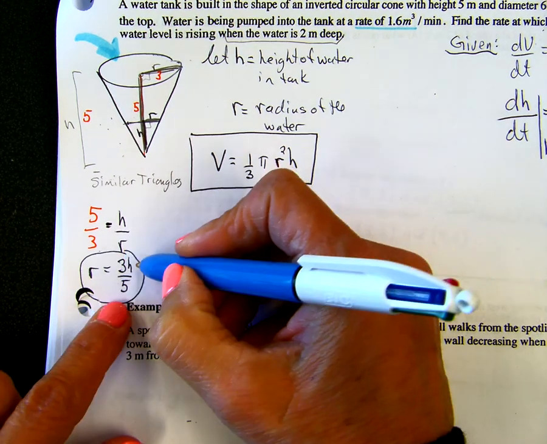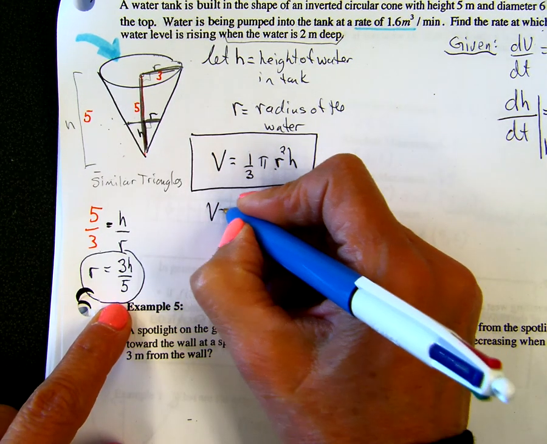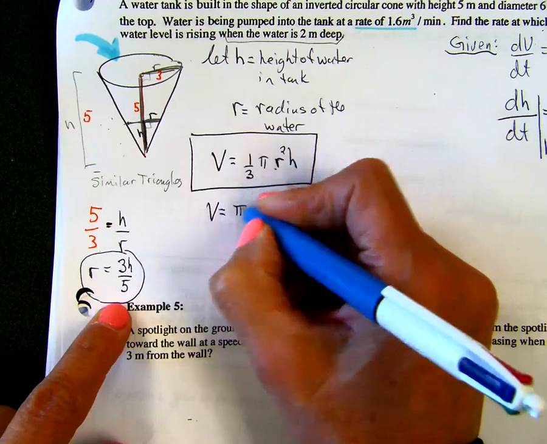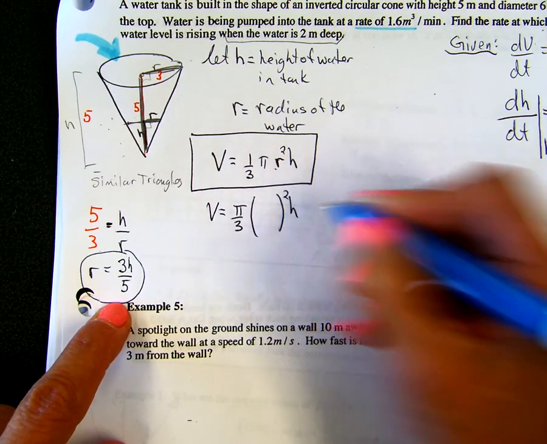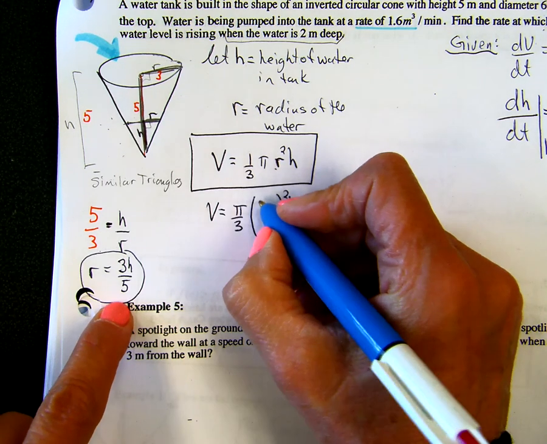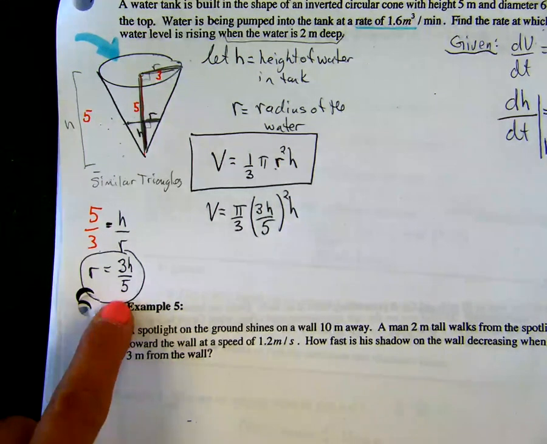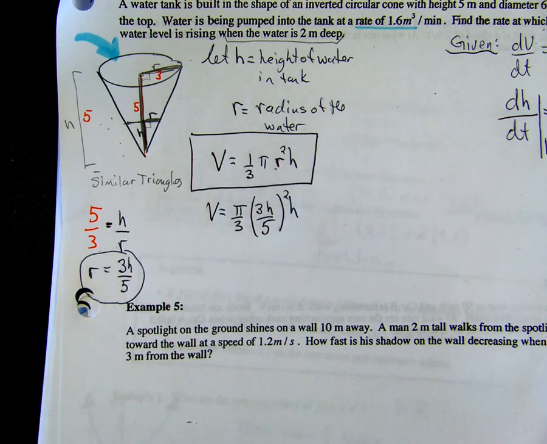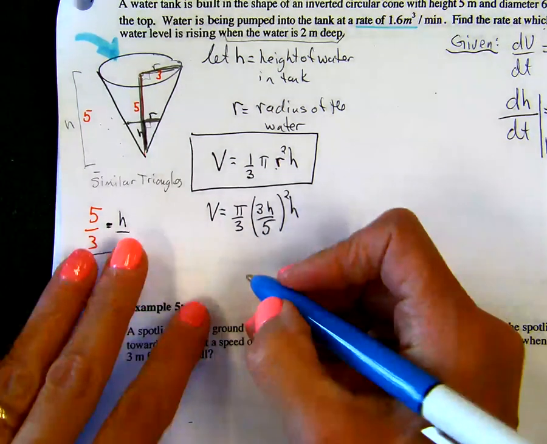Take this and put it in here. Volume is equal to 1/3 pi, or pi by 3, and r squared h. What's r? It's 3h over 5. Okay, just like those optimization problems, if you simplify before you start, everything is so much easier. Simplify this completely.